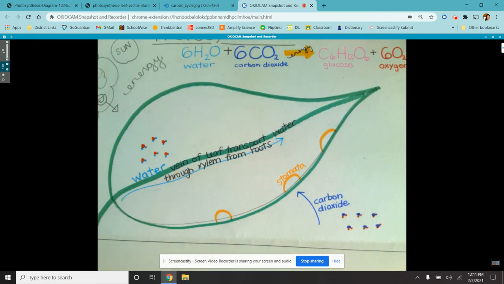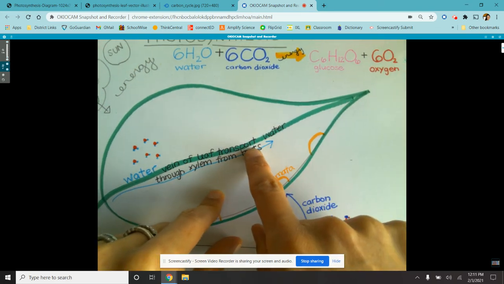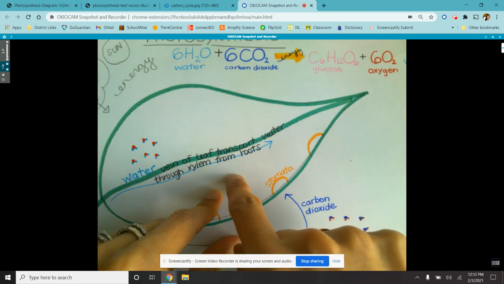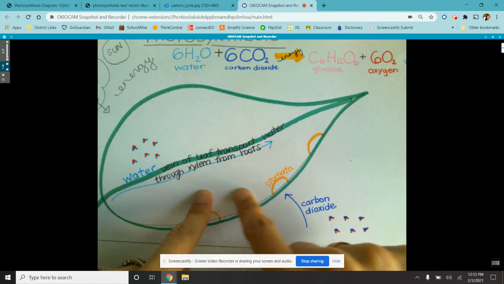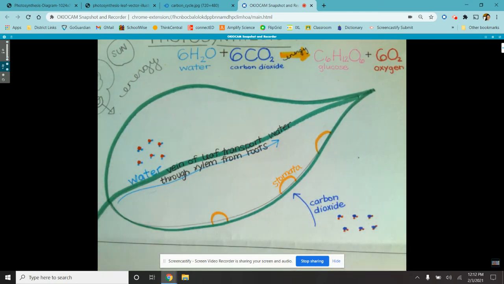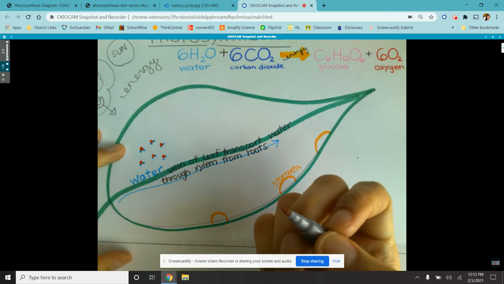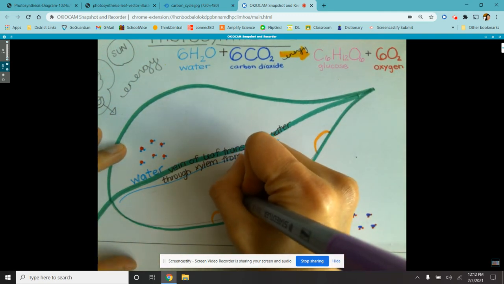We have our sunlight energy, and then we get 6 carbon with 6 oxygens and 12 hydrogens. So we're going to draw a glucose chain. So the glucose we're actually going to keep in the leaf, right? Because the glucose stays in the leaf or in the plant and is stored. So we're going to draw our glucose product. And I'm going to draw it right here.